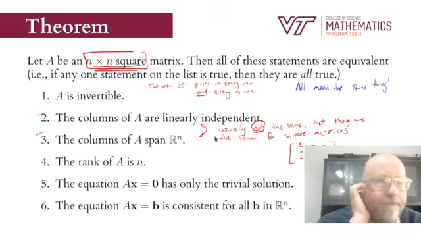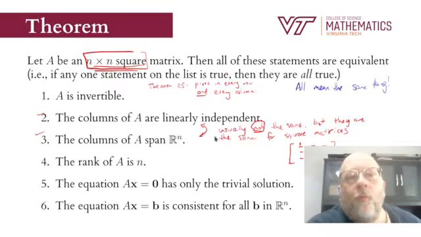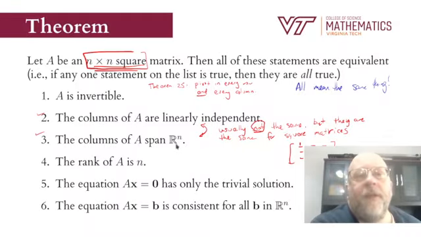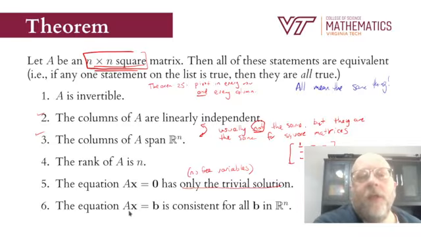All right. The rank of A is n. The rank is just the number of pivot positions. That means that whatever n is, we have that many pivot positions. The homogeneous equation has only the trivial solution, and we know that's true because there are no free variables, because we have a pivot in every column. And we know that the equation is consistent for all b in R^n.